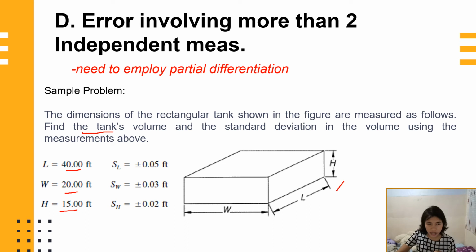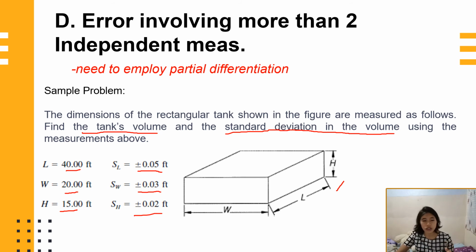What is required is the volume and the standard deviation in the volume, so V and the error in V. Using the measurements, this is the error in measuring the length, this is the error in measuring the width, and this is the error in measuring the height. The error of the product cannot be employed because we are dealing with three independent measurements. So in this problem, we're going to employ partial differentiation. Okay?